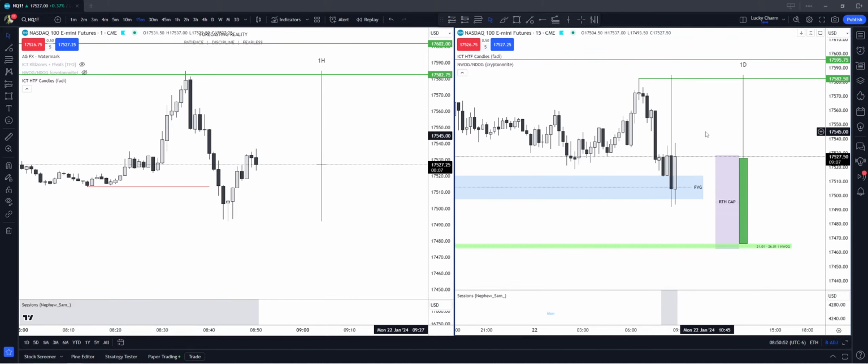Oversold, if the market wants to gravitate towards the higher prices, being oversold is not really a thing.